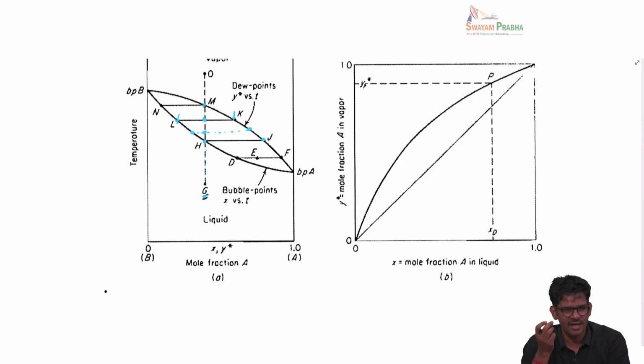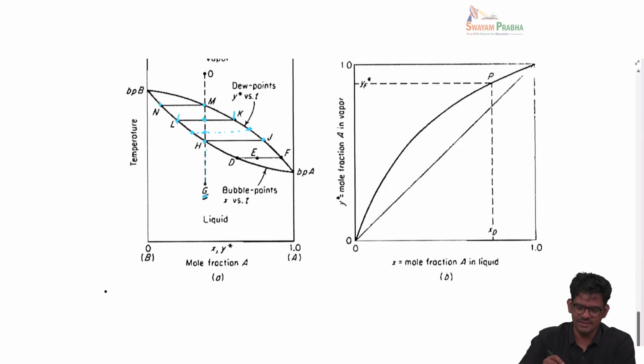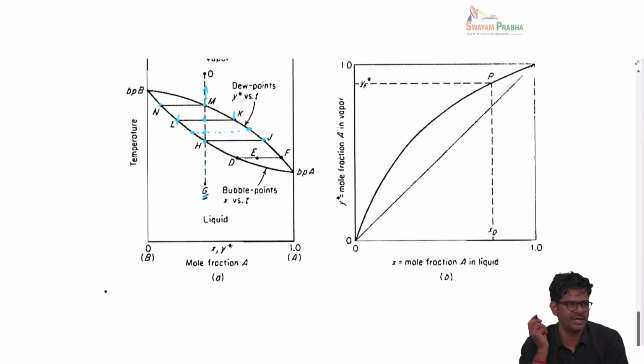At point M, the last drop of liquid is vaporizing, and the last drop of liquid will have a composition N, and subsequently it's a superheated vapor, all the way up to O. So we start with the liquid and we end with the pure vapor, but in the range of temperature between TH and TM, you have a range of temperature within which the two-phase regions are observed.